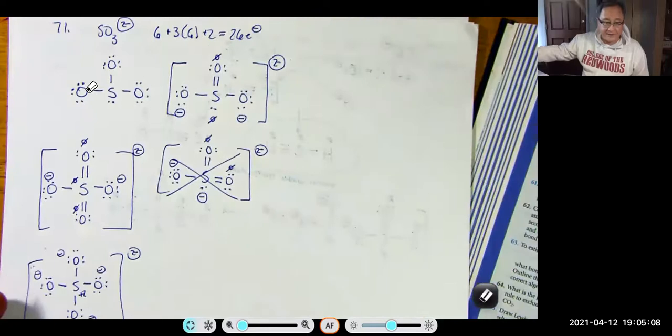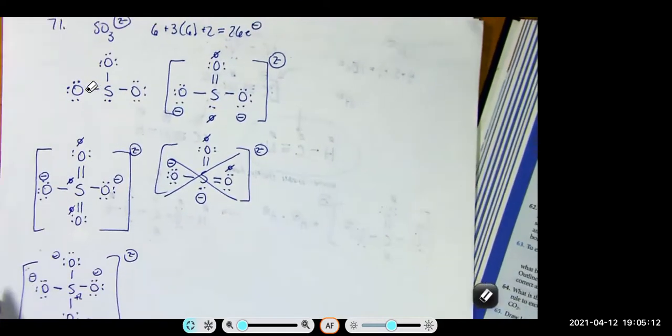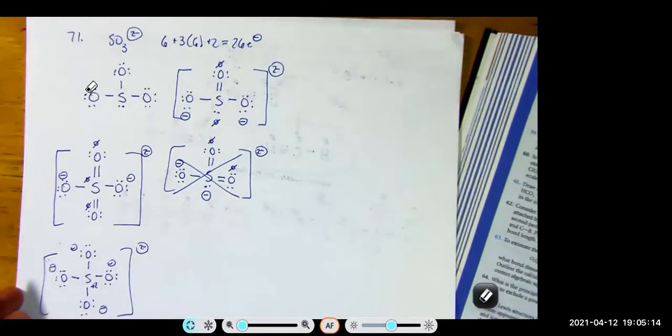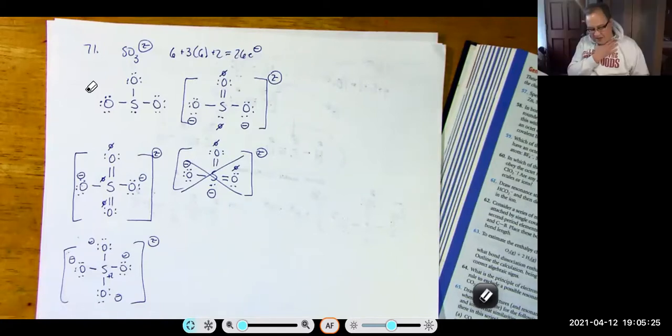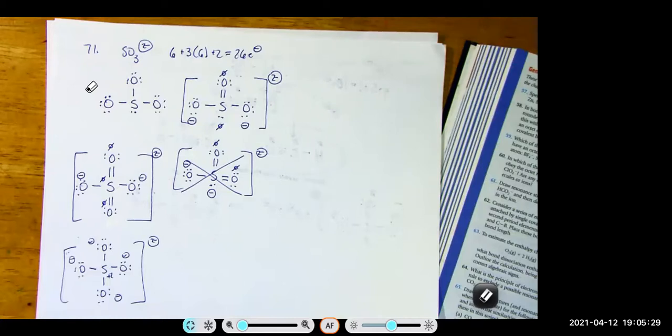3, 4, 5, 6, 7. So if we were to draw the Lewis structure of the acetate, chlorate, whatever, anyone that has a hypervalent element in the middle, how would I know?